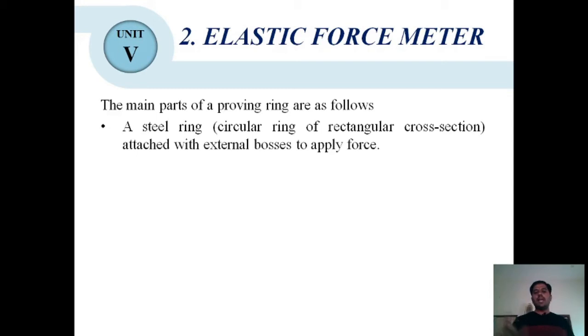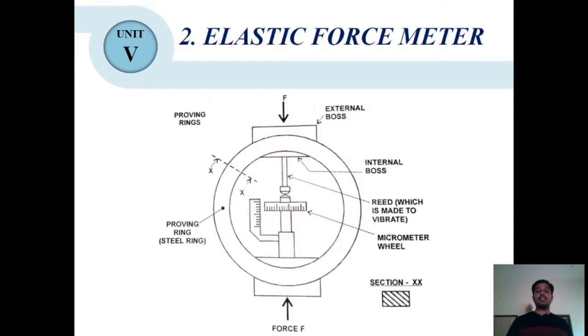There are some external bosses attached on either side of this ring, and there will be internal bosses provided on the inner periphery of the ring. So this is your circular ring, which is made of steel alloy, and the cross section of this circular ring is rectangular in shape.